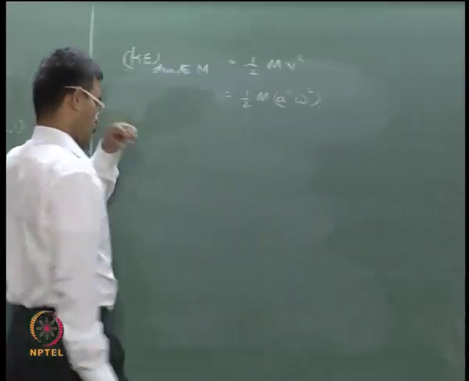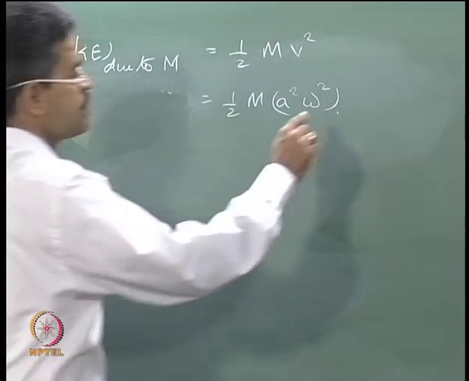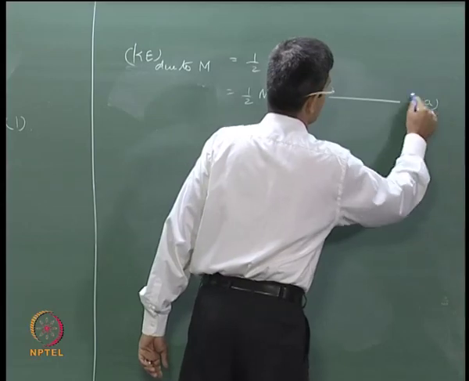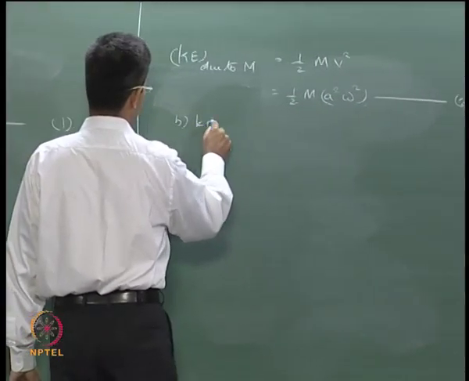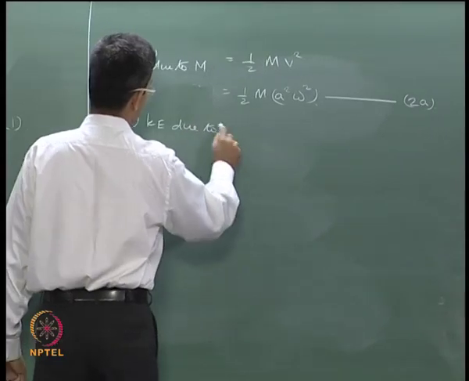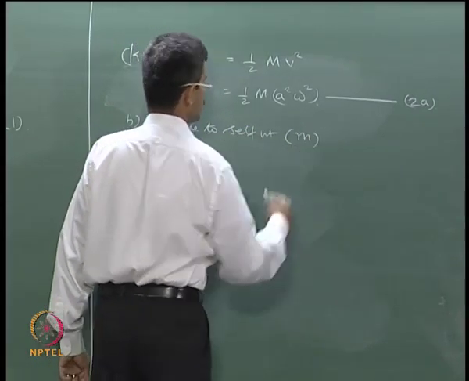I am looking for the maximum velocity, that is I call this as 2A. Now, kinetic energy due to self weight, that is small m.